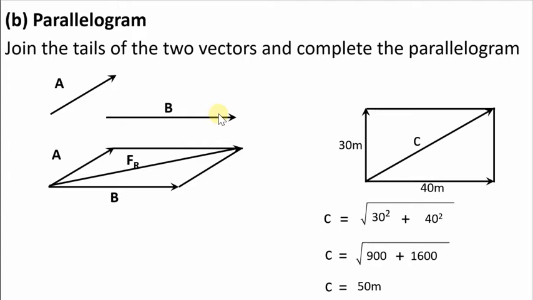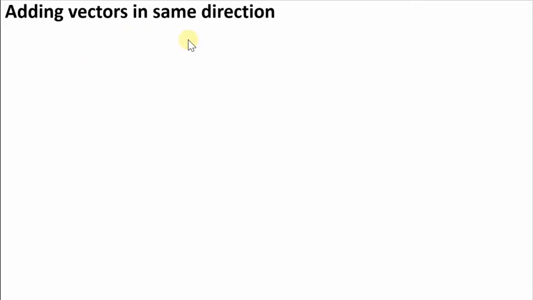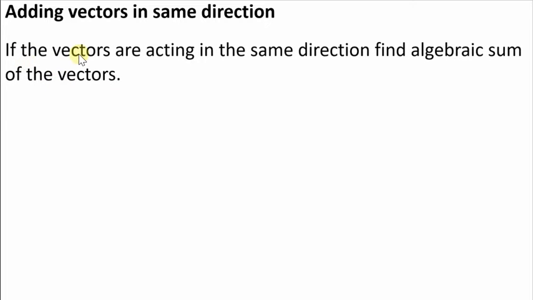All right, so let's proceed and look at adding vectors in the same direction. We can have vectors acting on an object in the same direction. If the vectors are acting in the same direction, find the algebraic sum of the vectors. Let's say we have an object here where we have one vector we are calling vector 1.